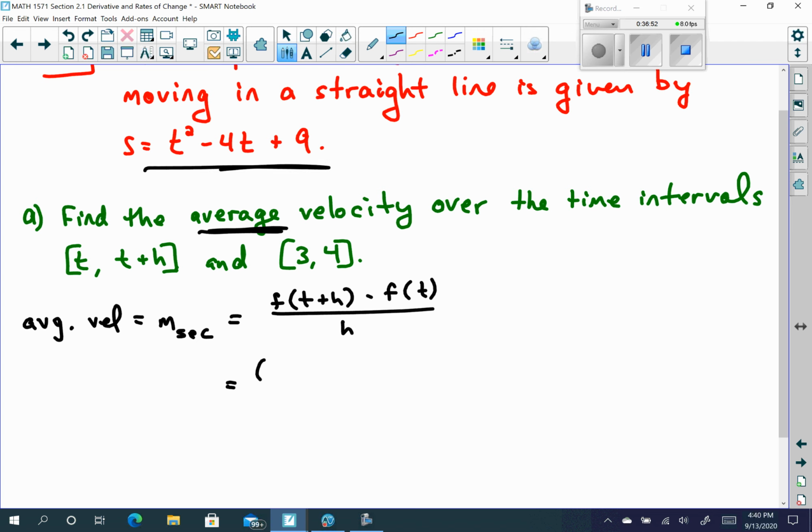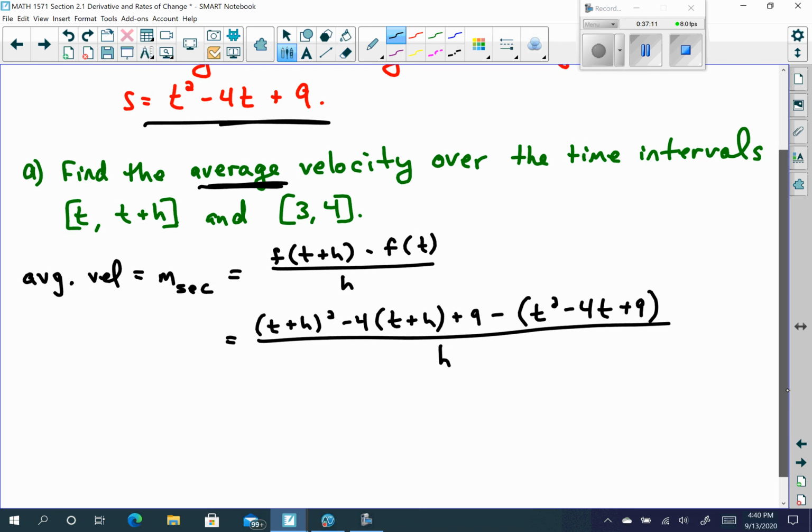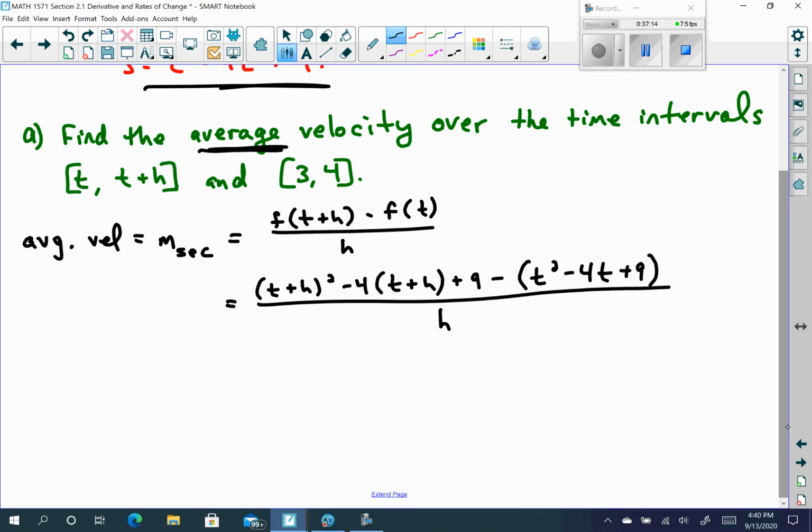So this becomes t plus h squared minus 4 times t plus h plus 9, and then minus f of t, which is just t squared minus 4t plus 9, all over h. Now go ahead and pause the video just to practice, see how well you do continuing with this problem. Remember, again, this is without the limit notation, so pause the video and continue working.